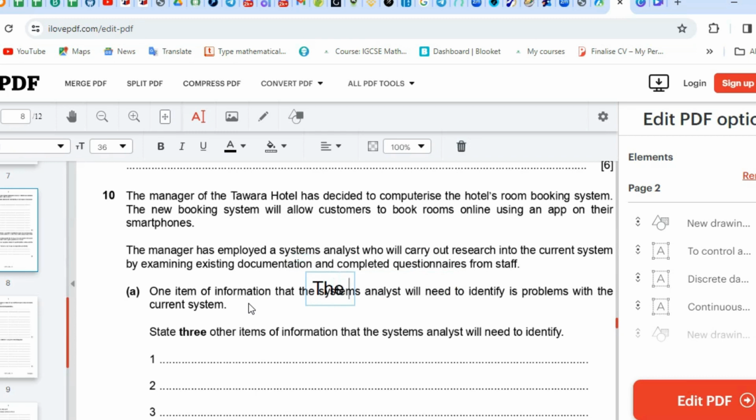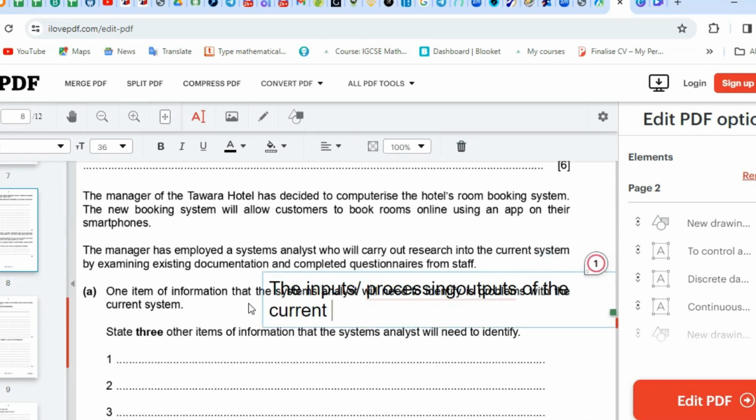The input, processing, outputs of the current system.